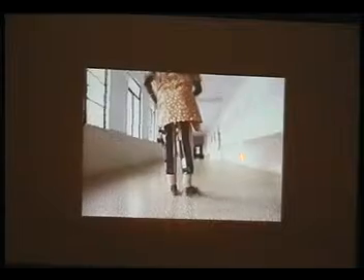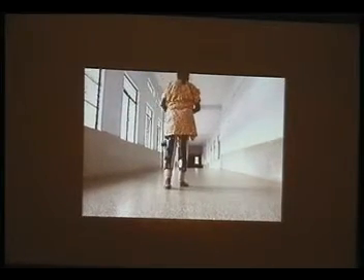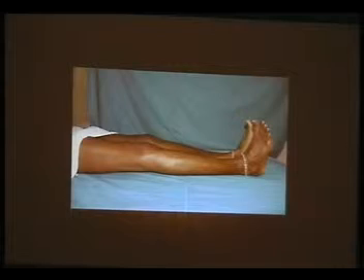After the second stage, this is how she walks on the 10th post-op day. And this is her X-ray. This is how that has happened to the limb, the amount of flexion, and how she walks 6 months later. Almost normal gait.